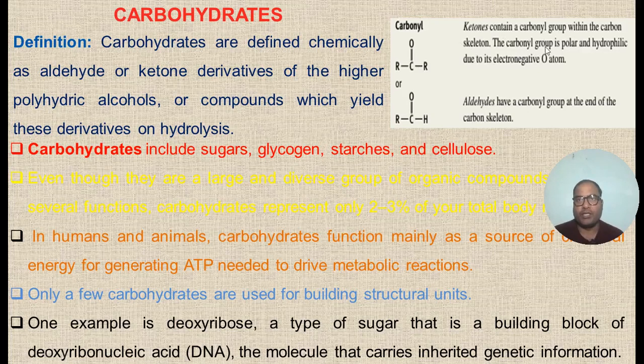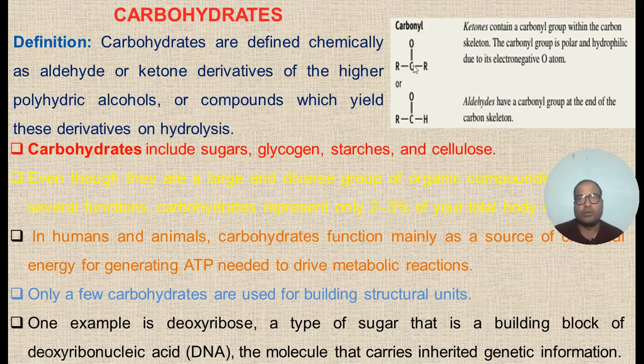The ketones contain a carbonyl group within the carbon skeleton. The carbonyl group is polar and hydrophilic due to its electronegative oxygen atom. The carbonyl group is arranged in this form: one carbon is attached to one oxygen, and this carbon is further attached to two alkyl chains, R groups. In the aldehyde group, the carbonyl carbon is at the end of the carbon skeleton.